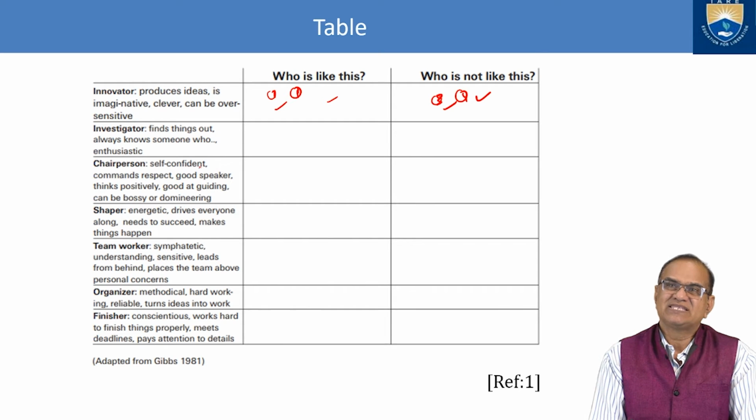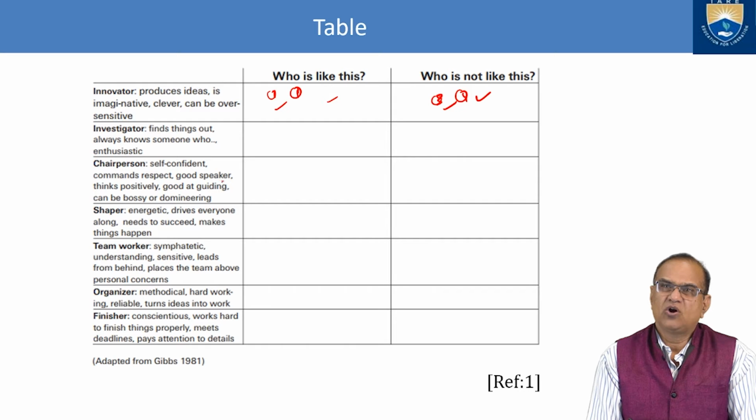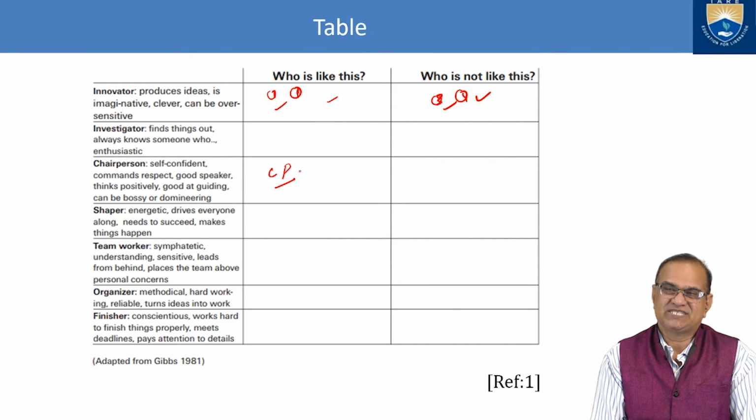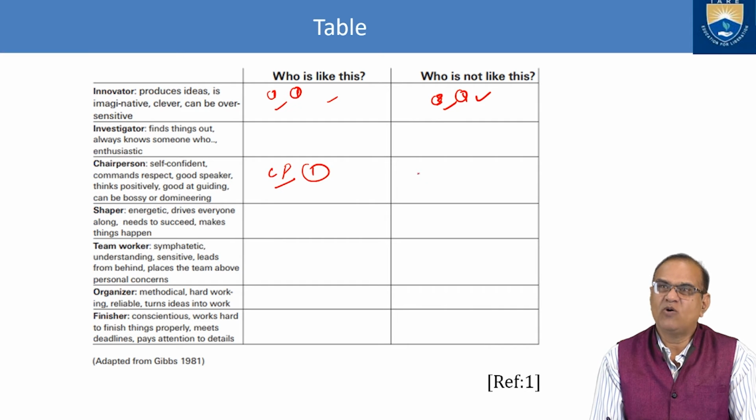Chairperson: self-confident, commands respect, good speaker, thinks positively, good at guiding, can be bossy or domineering. So you have to select a chairperson, who is the best for this. Like 1, and who are not, 2, 3, 4, 5, 6.